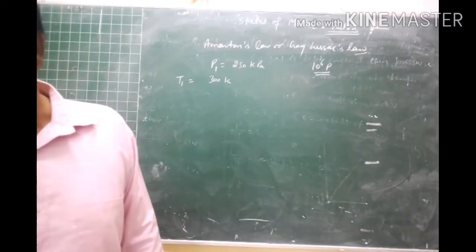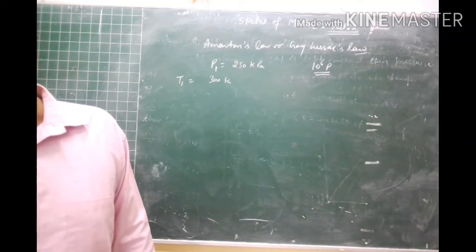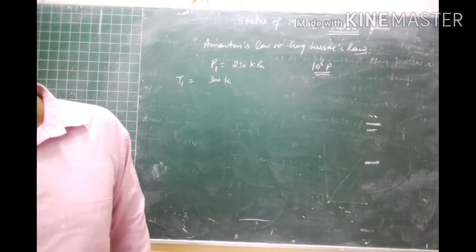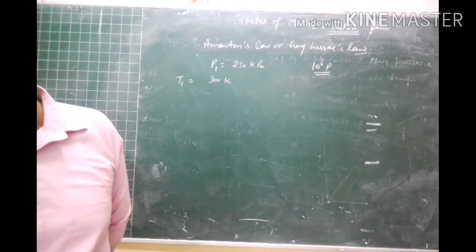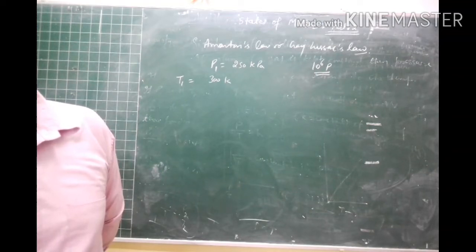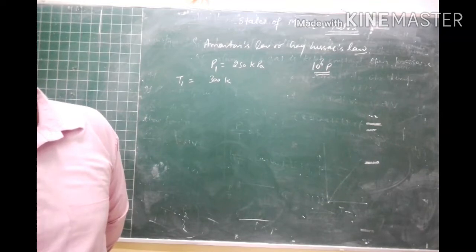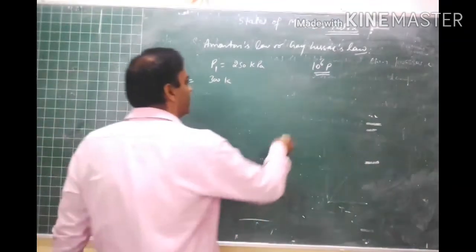The room in which the cylinder is placed catches fire. Predict whether the cylinder will blow up before it melts or not. The melting point of the cylinder is 1800 Kelvin.